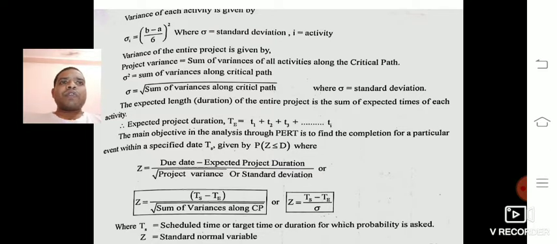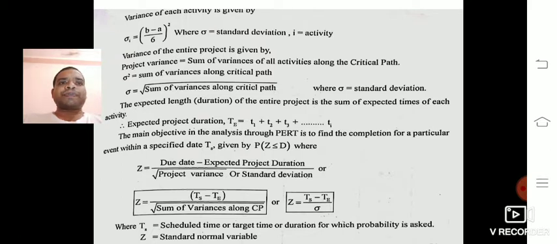When we find the standard deviation, we need to calculate the variance for every activity, but we take only the sum of the variances along the critical path. For the activities that come under the critical path, only for those can we take the variance values to find the standard deviation.